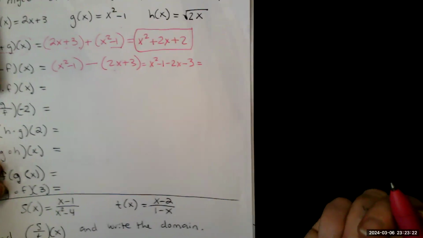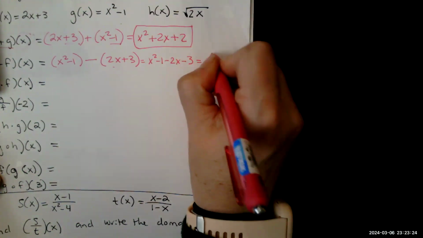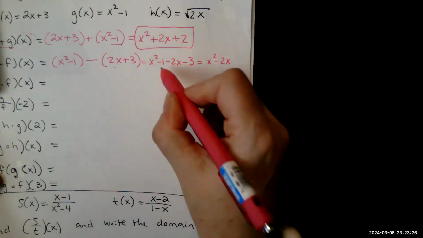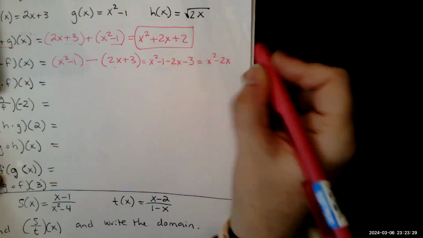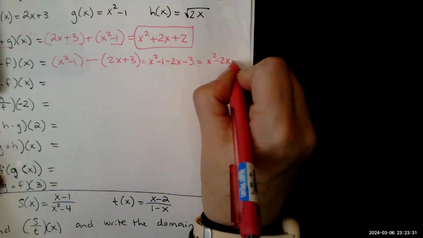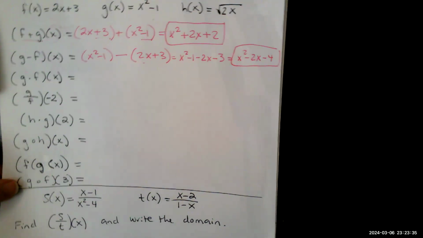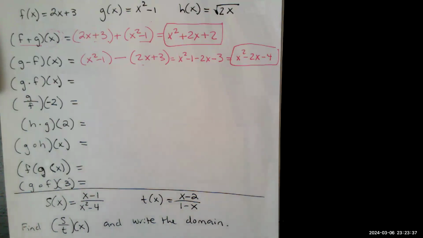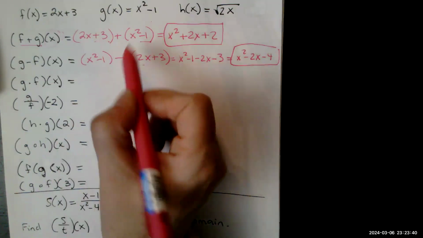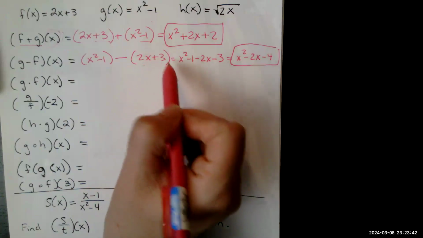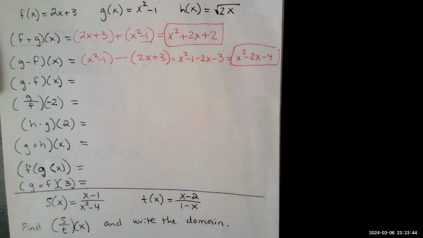And now I can combine whatever I'm allowed to combine. So that is just this minus 1 minus 3. So negative 1 minus 3 is negative 4. So adding is pretty simple. Subtracting isn't bad, but you need to make sure you subtract all of that. So you need to distribute.